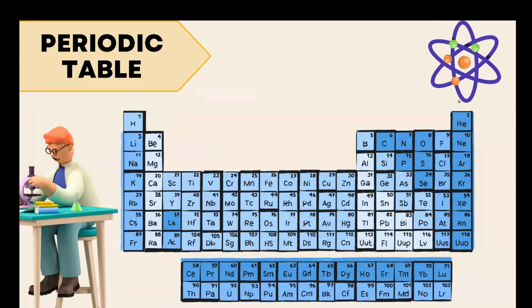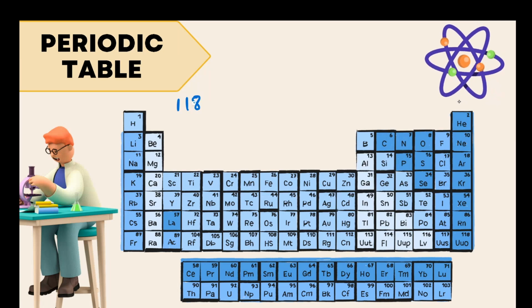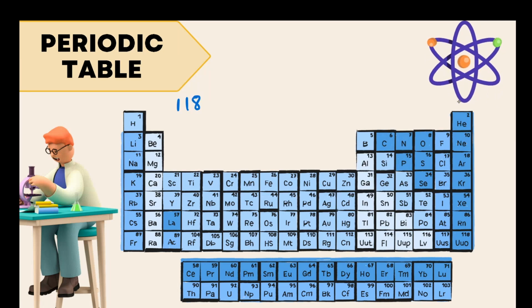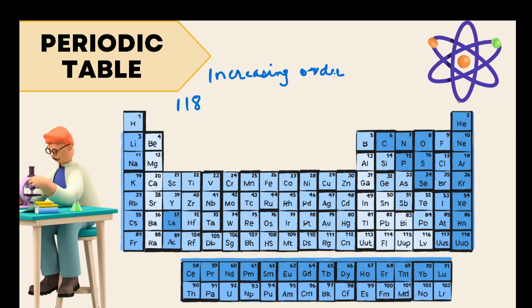Next we have the periodic table, that is the modern periodic table. We know as of now 118 elements have been discovered, and this table is representing the elements which are arranged in increasing order of their atomic number. Very, very important. In increasing order of atomic number, the elements have been arranged.